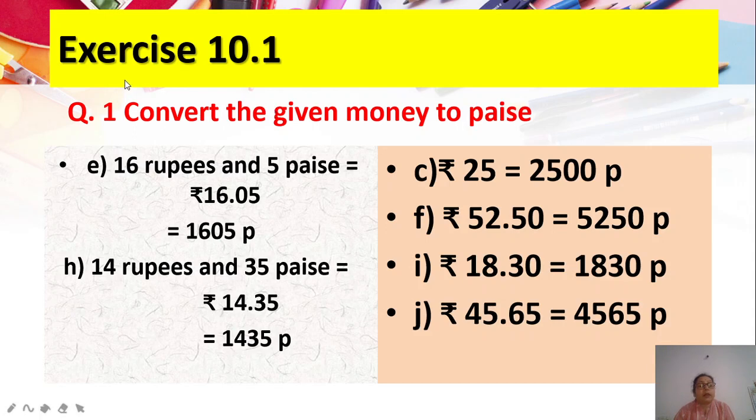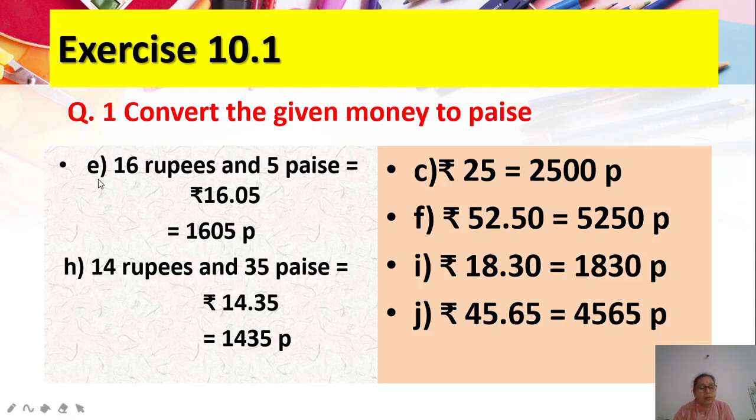Now we are solving our exercise 10.1. Our question number 1 says convert the given money to paise. We have the amount in rupees and we want to convert it to paise.